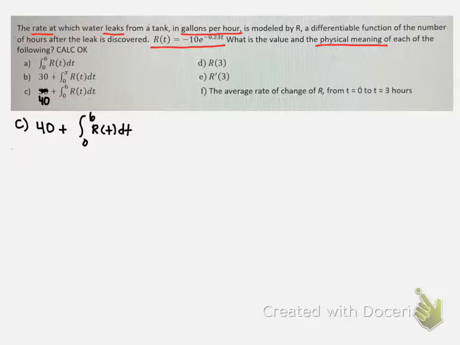For part C, you'll see that I changed the starting value to 40, and I think you'll see why when we do the problem. This is, again, a problem where we can go right to Math 9 on our calculator. And the answer is 7.4599, or 7.460 gallons.